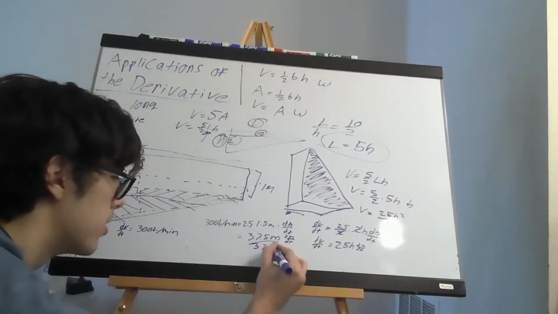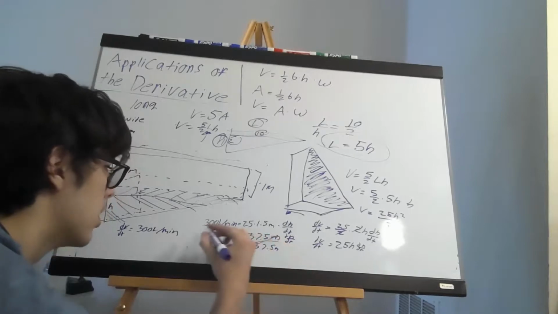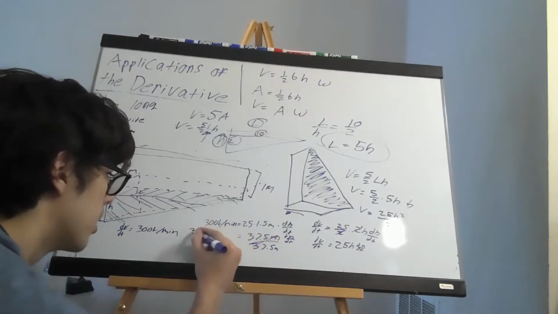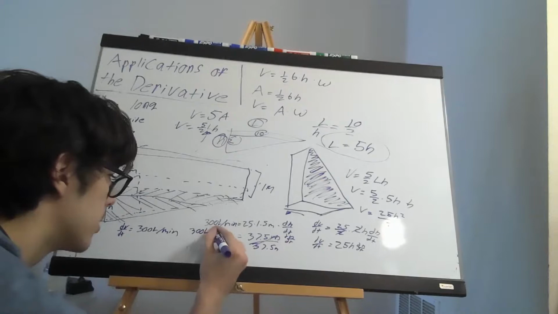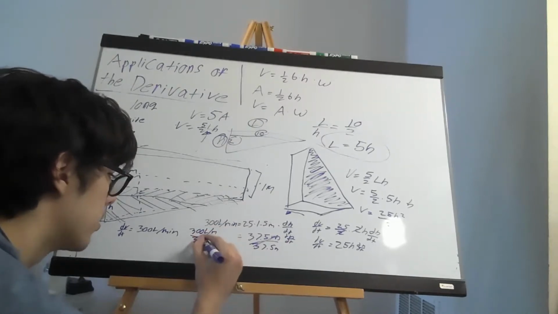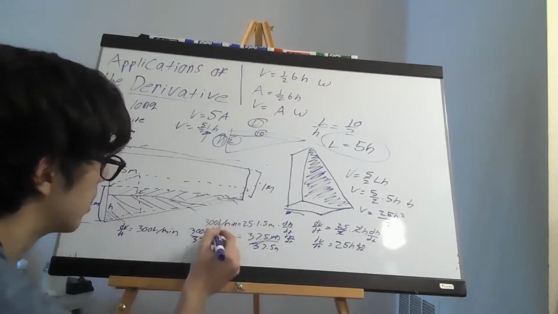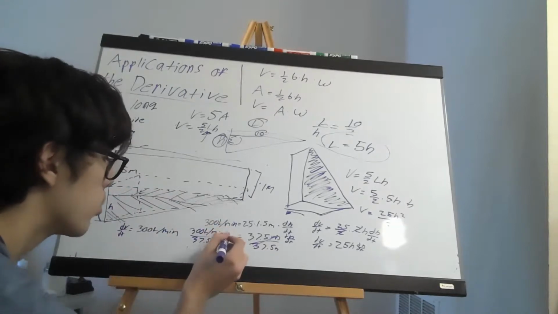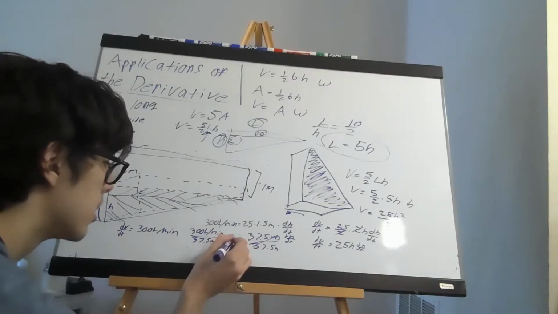Divide both sides by 37.5 meters. So now we're going to get 300 liters per minute divided by 37.5 meters is equal to dH dt.